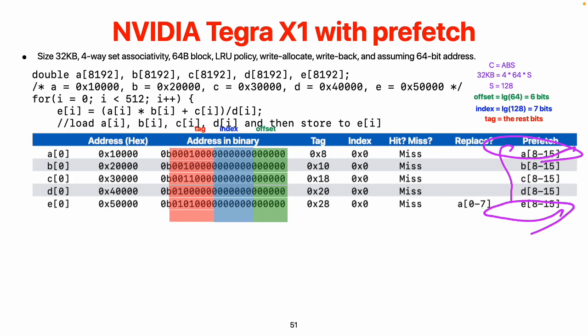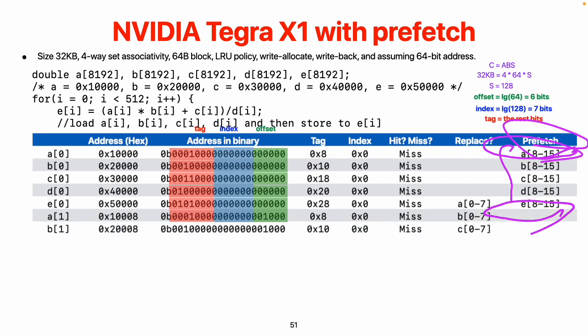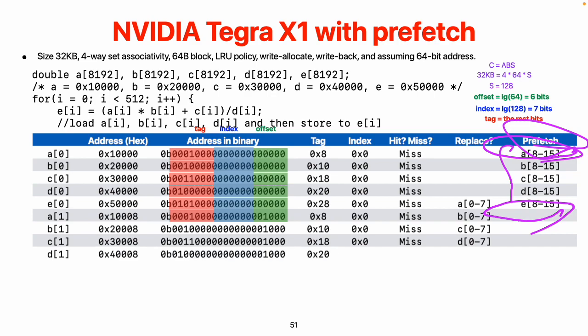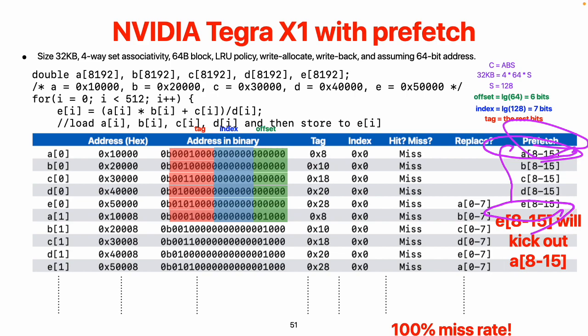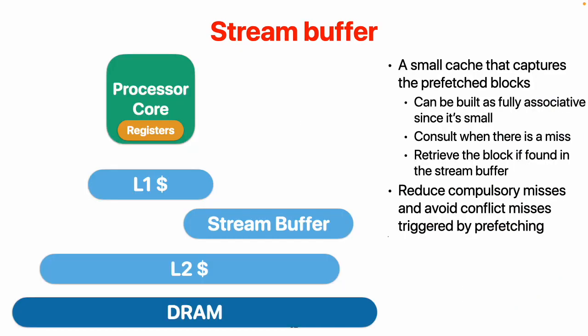When I try to accommodate this E8 to E15, what would happen? Others are kicked out, right? So although you did prefetch A8 to A15 before, because E8 to E15, when you prefetch it, will also kick out others, nothing changed. Still 100% miss rate. So does prefetch work? Not at all.